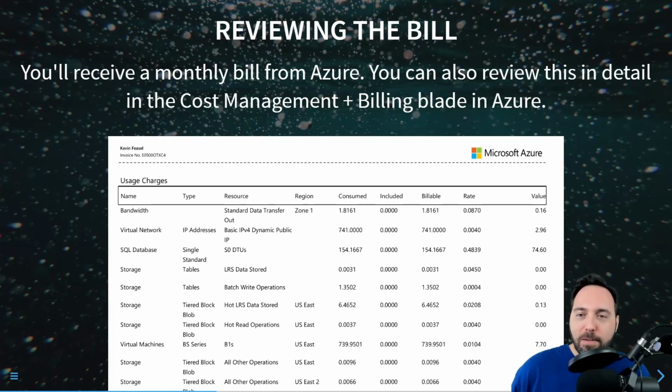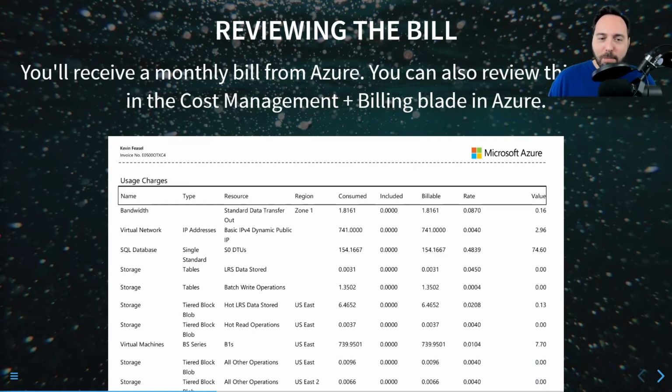This is actually my monthly bill for my Visual Studio account. I get a $150 credit per month, and we can see some of the things that I spend it on. Like I've got $74 this month on DTUs for cheap SQL Server, Azure SQL databases. So we can see the breakout.